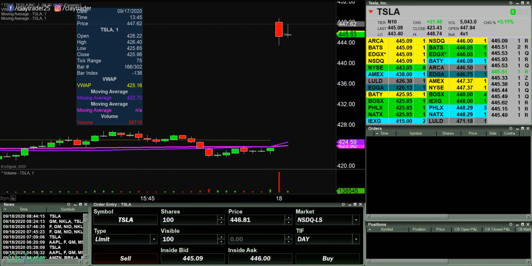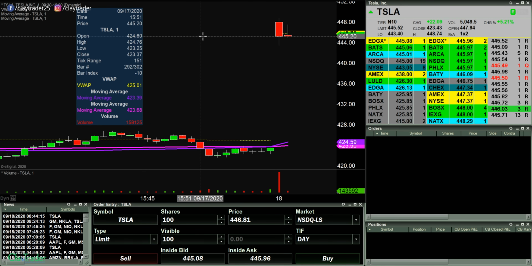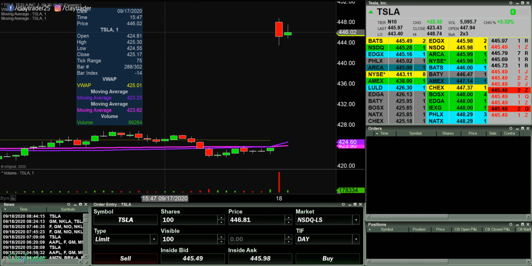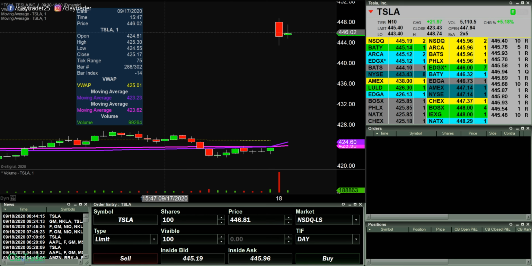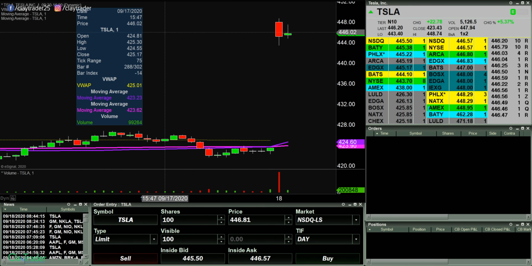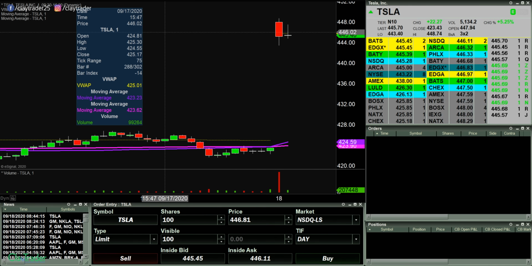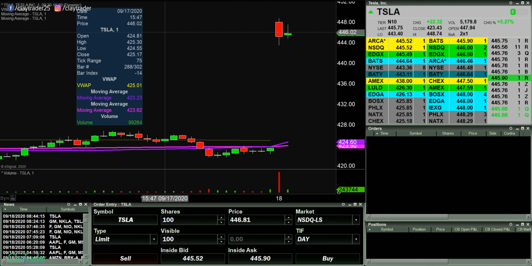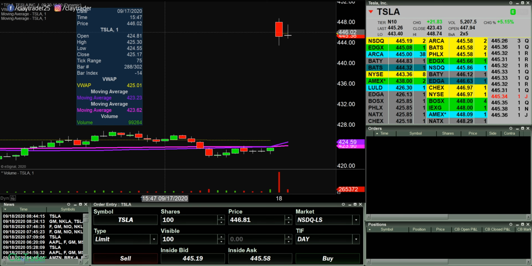SPY is pulling back right now, and Tesla's holding up pretty well. So if the SPY can recover, if SPY bounces, those sideways stocks should move up.